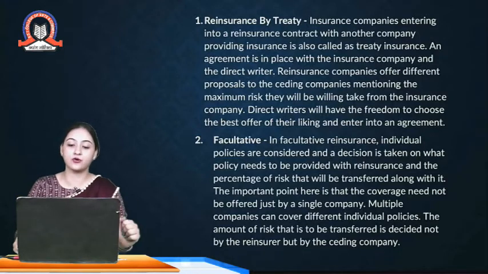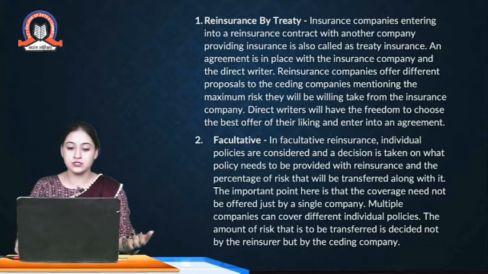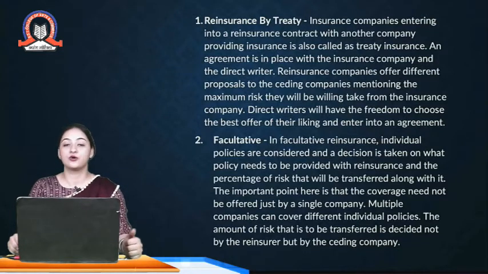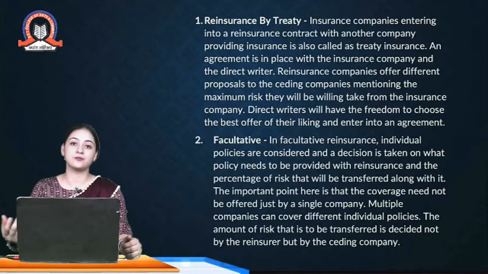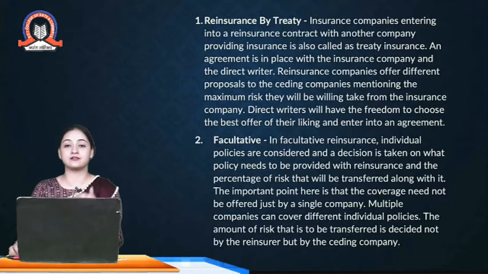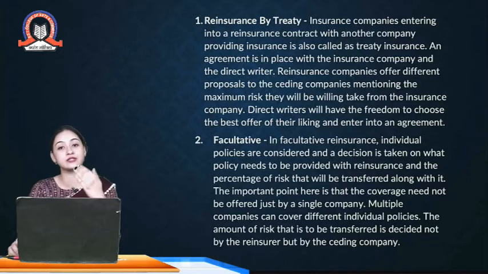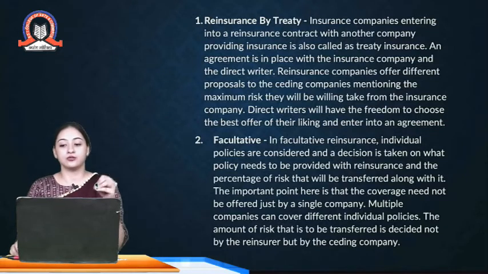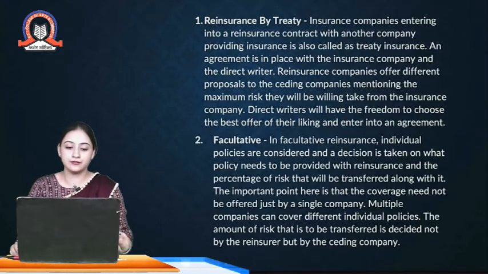Reinsurance companies offer different proposals to ceding companies mentioning the maximum risk. When the ceding company comes up with this, they are analyzing the risk to make sure they do not compromise their goodwill with any loss or risk in the future. So if parties are involved, they make sure they are not harmful in the near future.